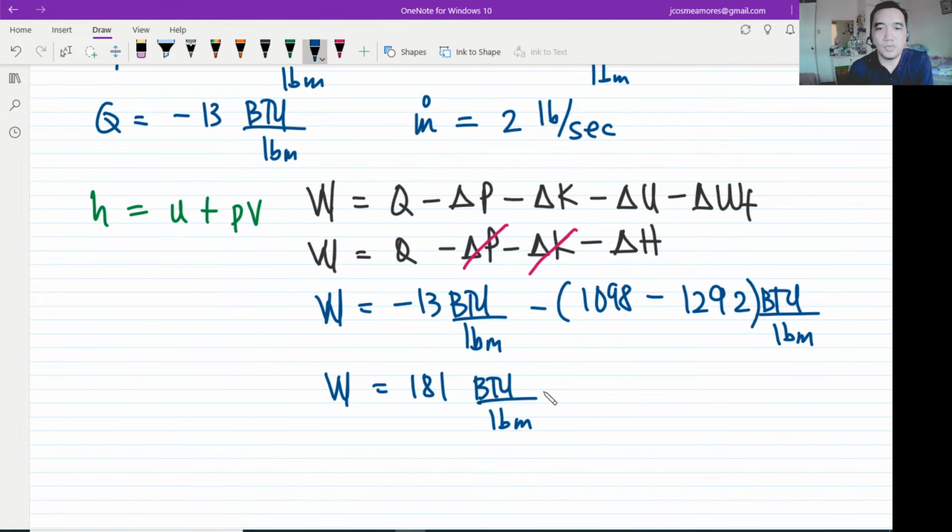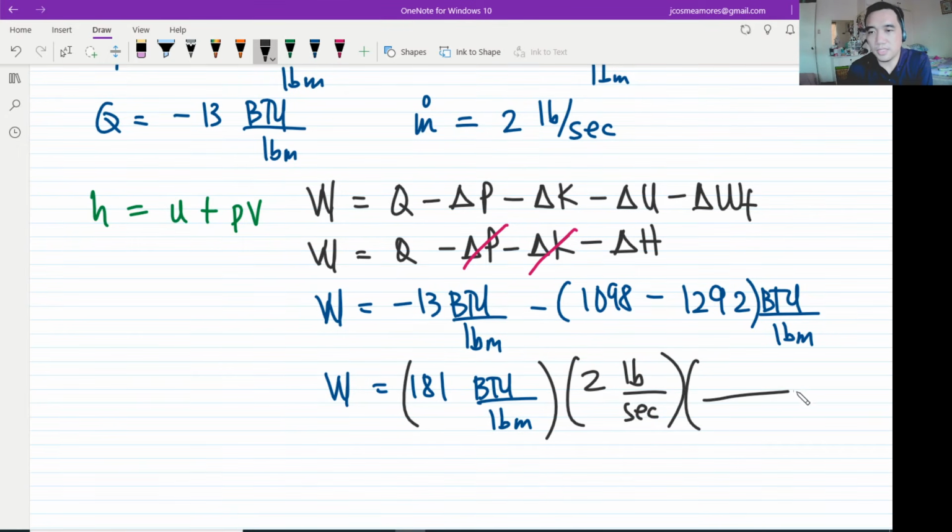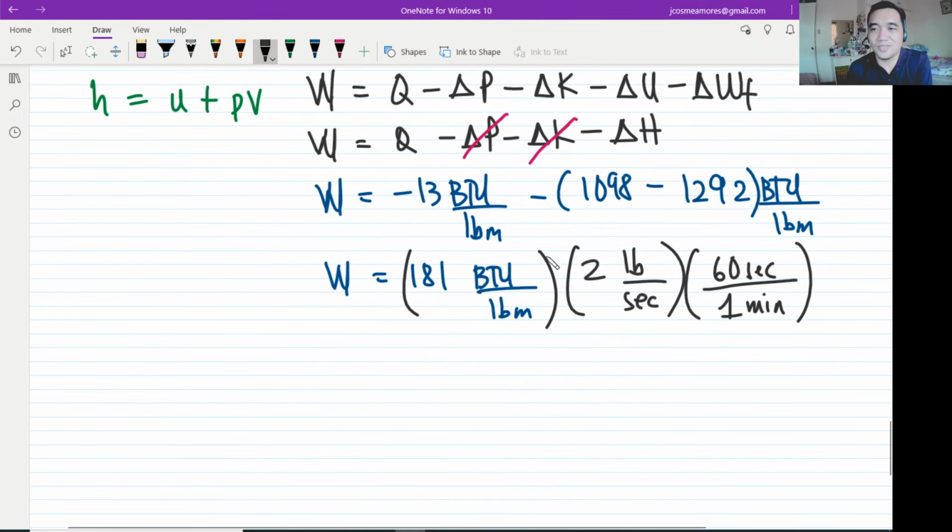Similar to what we did with our previous problem, we multiply by the mass flow rate, which is 2 pounds per second. But we want to get the work in BTU per minute, so convert seconds to minutes. The conversion is 60 seconds equal to 1 minute.